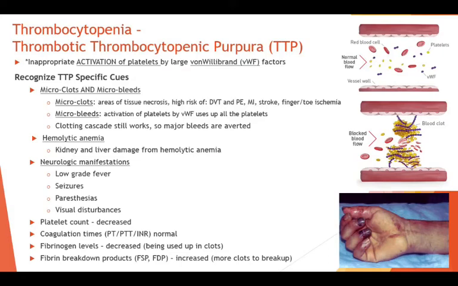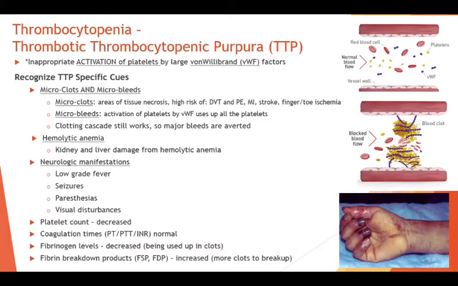Thrombotic thrombocytopenic purpura has two different problems. We have the thrombocytopenia, so you have a low platelet count, but this is caused not because the immune system is eating platelets. The factor there, this von Willebrand factor, is a protein that roams around in our plasma, and this factor is abnormally large.